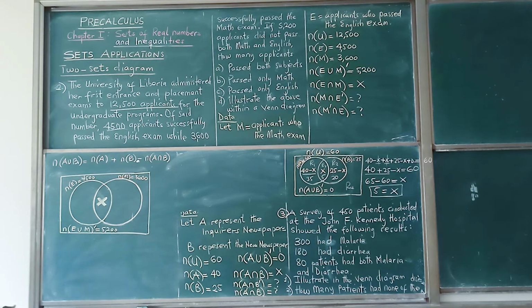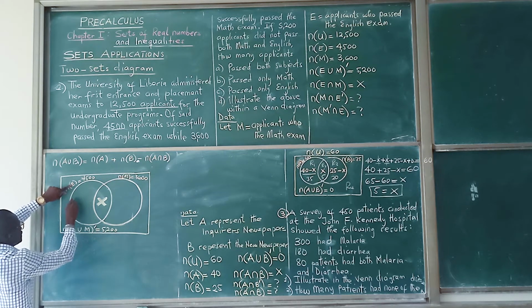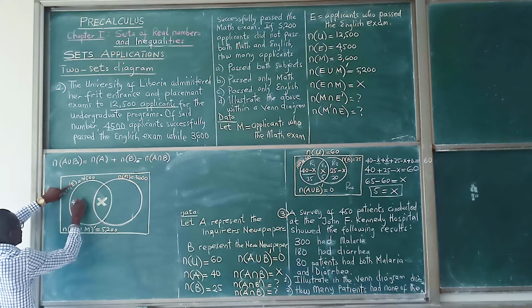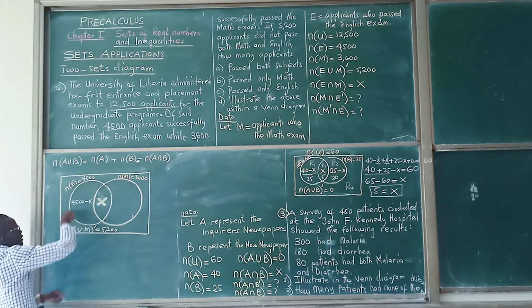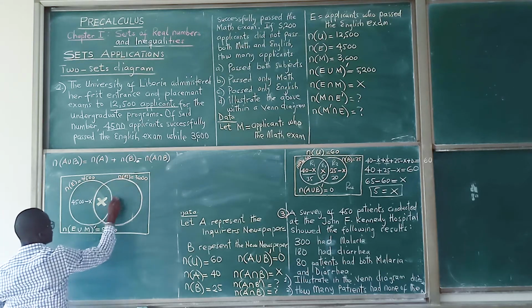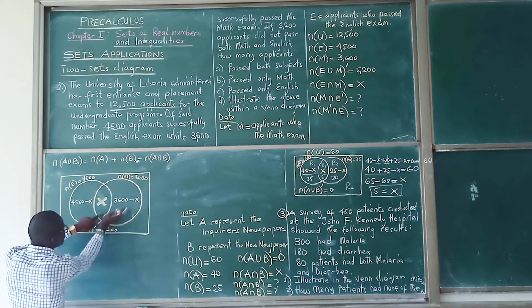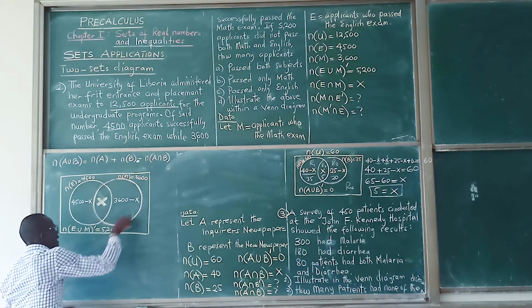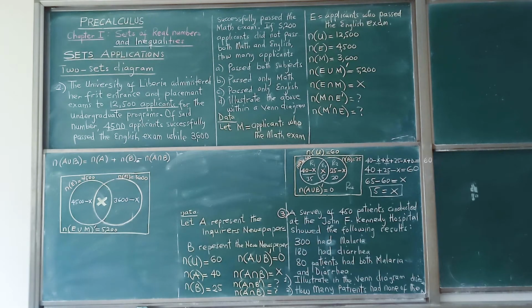Now, how many persons only pass English? We don't know, so we can say let this be 4,500 minus x, because this x is also part of this circle. And this side is 3,600 minus this x, because we only want this region. This entire circle is 3,600, so we have to subtract the center portion from there.